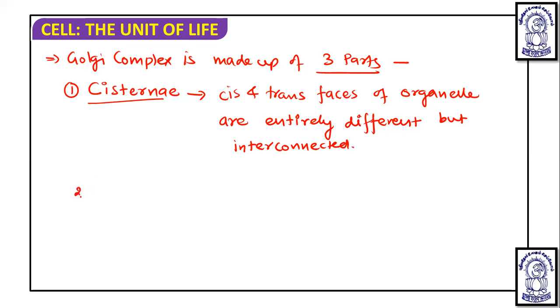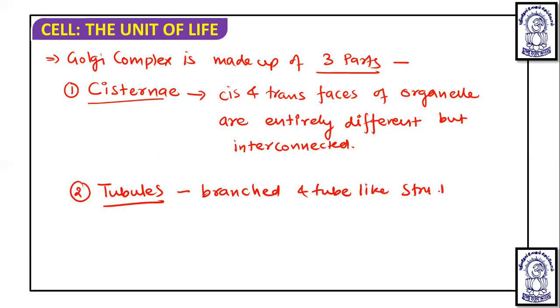The other component or part is tubules. We have studied in the ER that cisternae are unbranched, and here in the Golgi also the cisternae are unbranched, and these tubules are obviously branched, tube-like structures associated with cisternae.